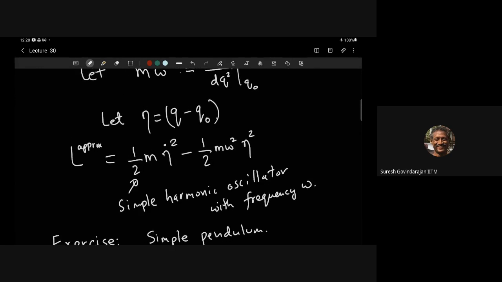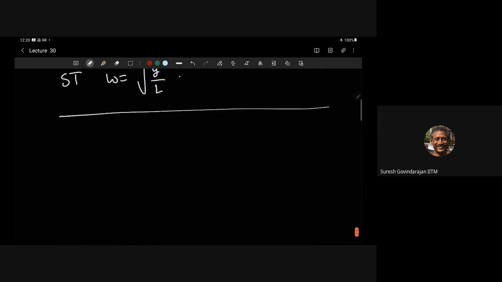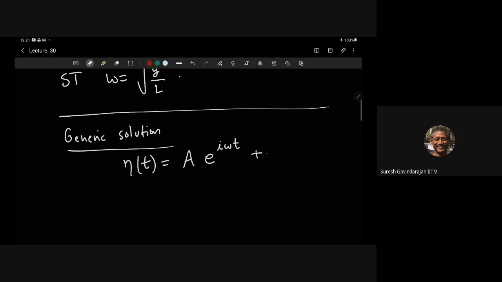But let's ask what happens. So that's one thing. The generic solution is eta of t equal to a e power i omega t plus b e power minus i omega t.